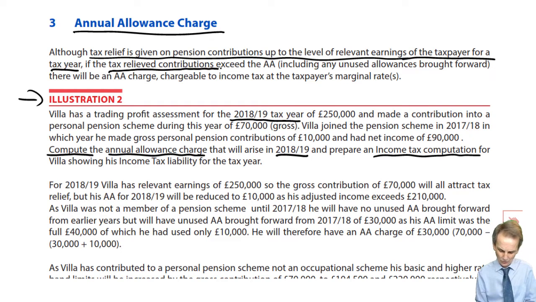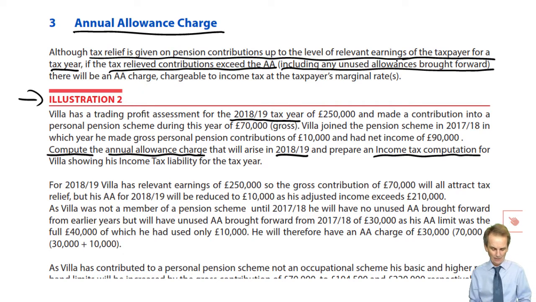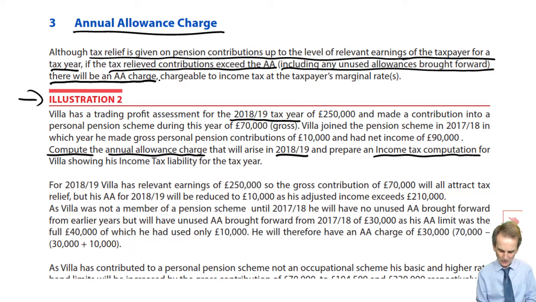If the tax relief contributions exceed the AA, the annual allowance, including, as I just said, any unused allowance brought forward from the previous 3 years, then go above that, there will be an AA charge. And what that will do is to claw back the tax relief that would otherwise have been given.